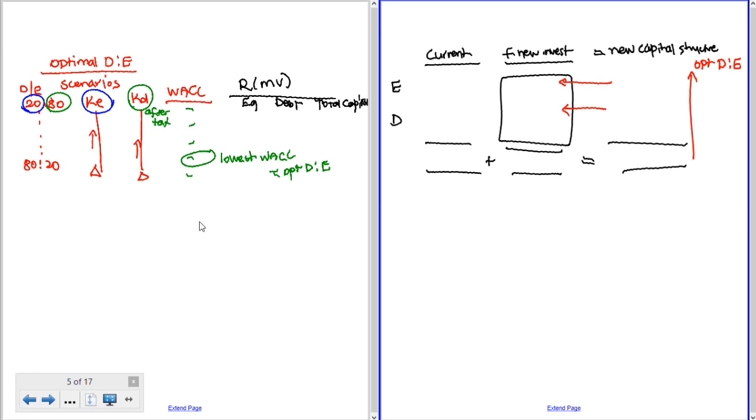So on this side, you're going to do the different scenarios. You're going to work out total WACC, and you're going to work out total market value, and identify the lowest. On this side, you're going to do the current state, add the new investment, get the new capital structure, and using the optimal debt to equity, which you're going to get from here, you're going to back it up. A quarter of your paper. I think a very fair WACC question for a quarter of your paper.